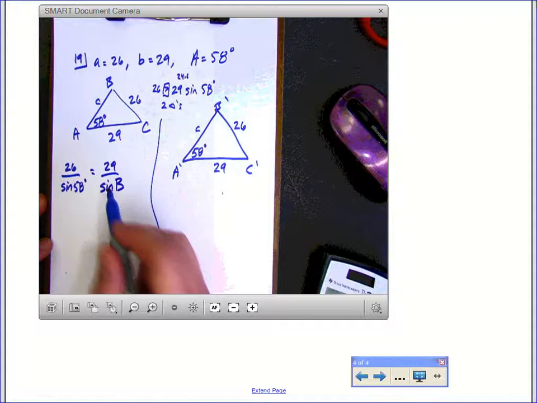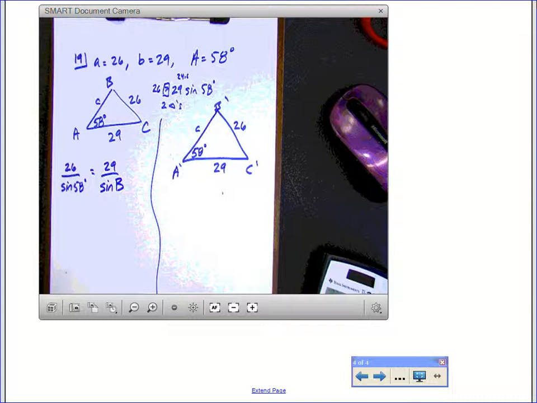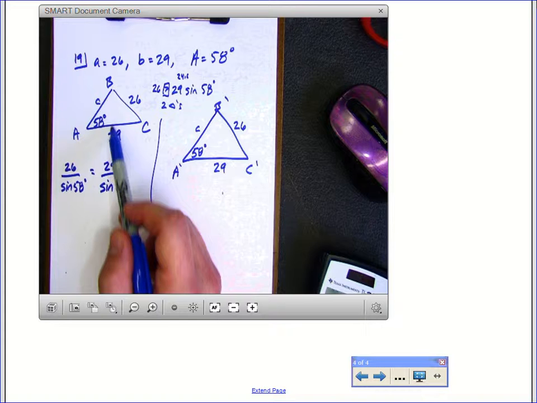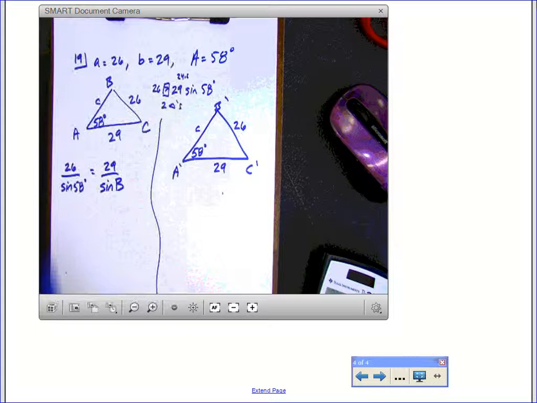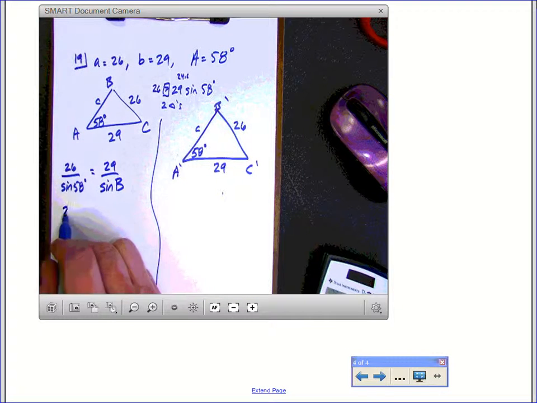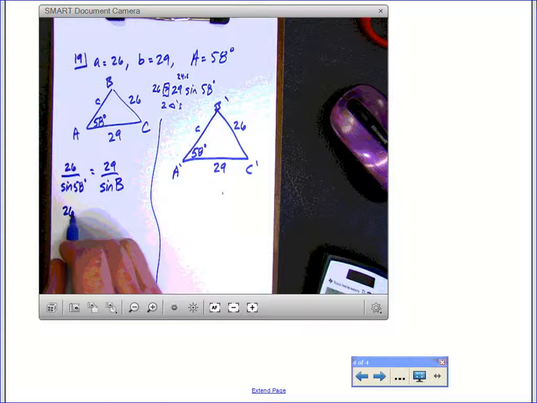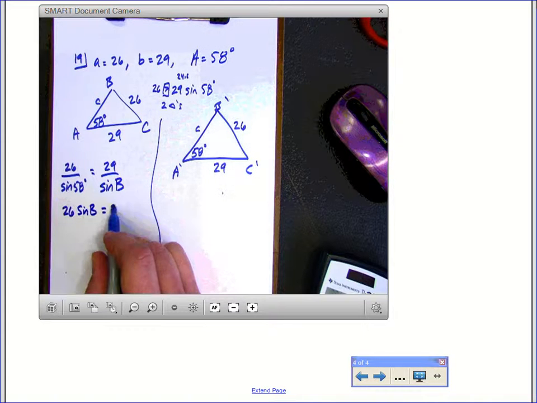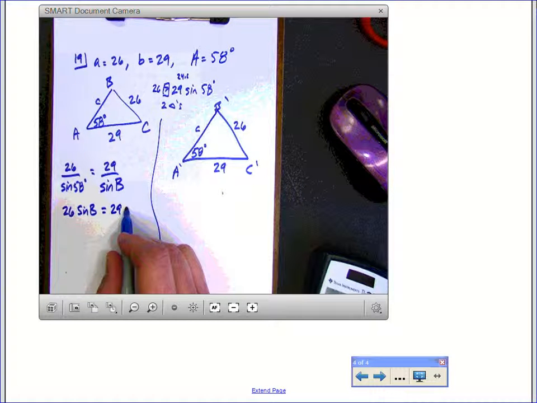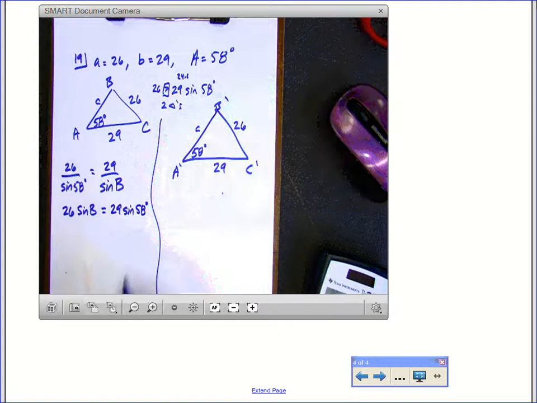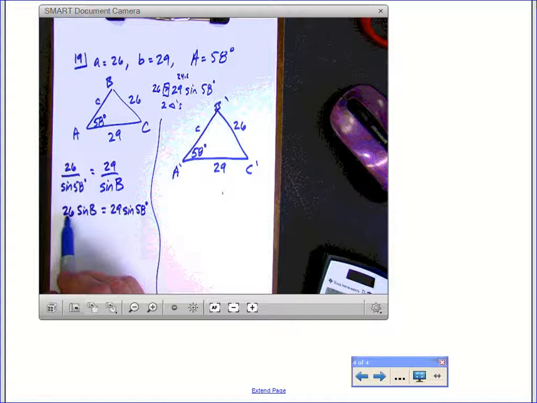Sine B. Okay. So I'm using the A ratio to find the angle B. Now let's cross multiply. So we get 26 times sine B equals 29 times sine of 58. All right. Divide off the 26.